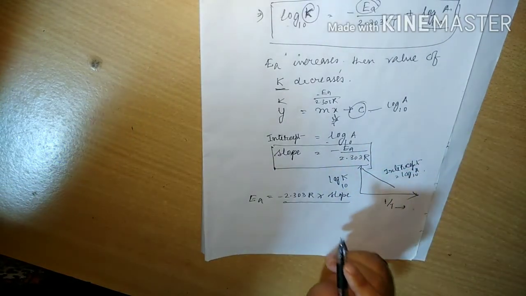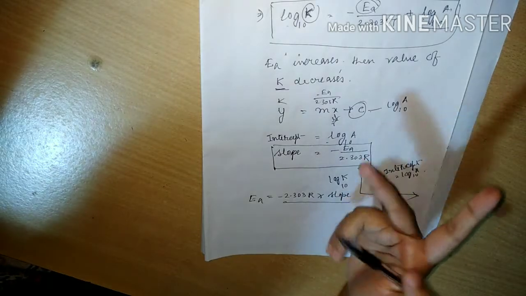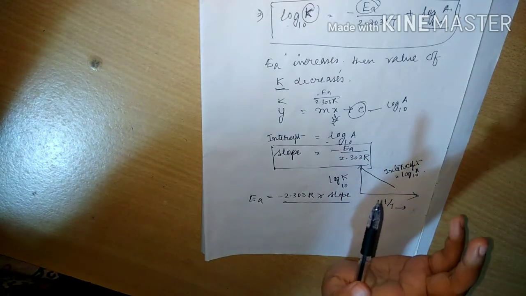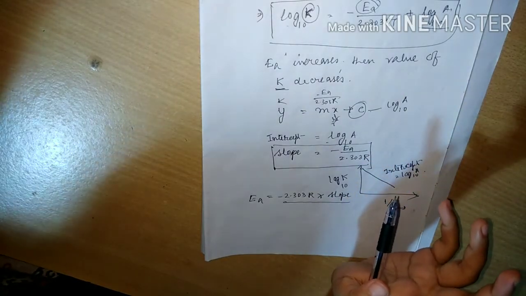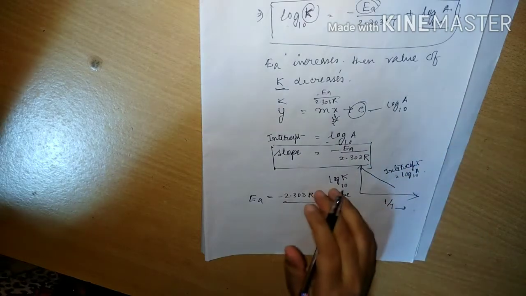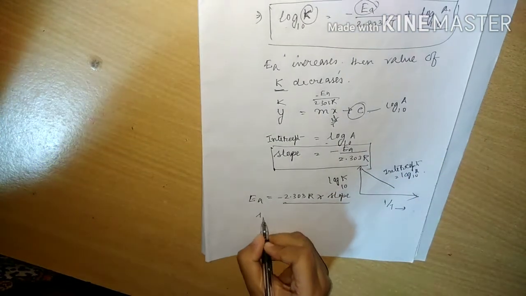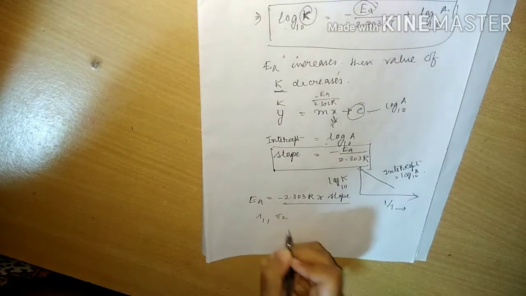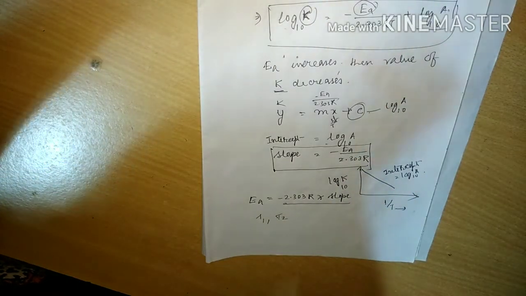Now, if we calculate using two temperatures, suppose I am taking two temperatures, T1 and T2, two Kelvin temperatures.